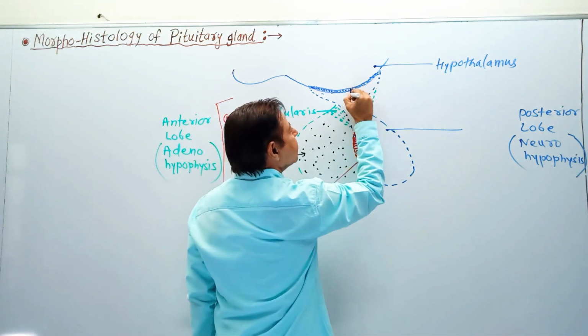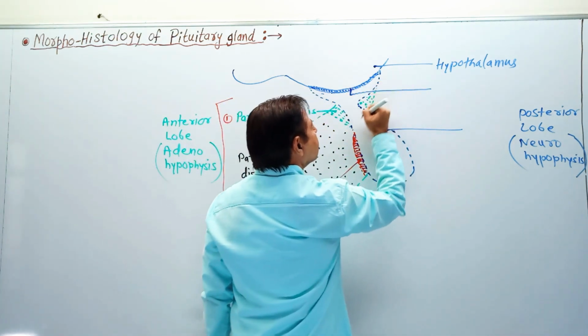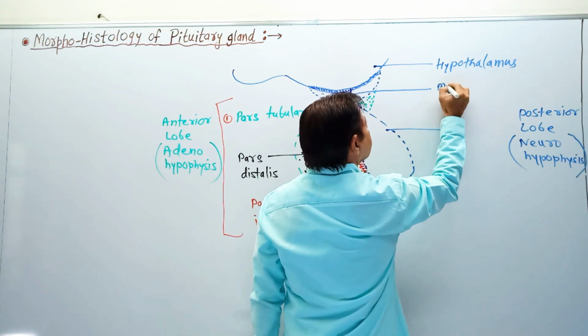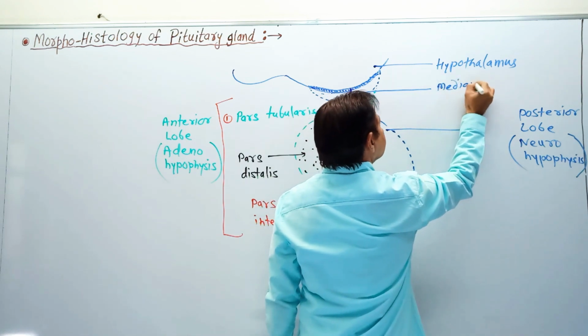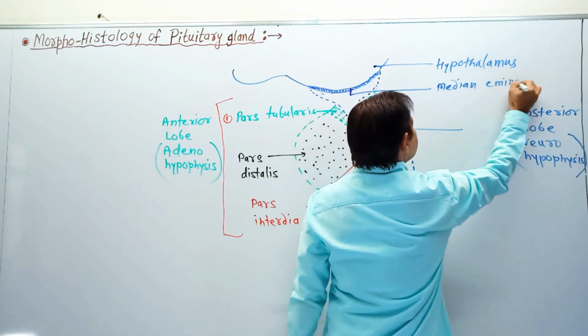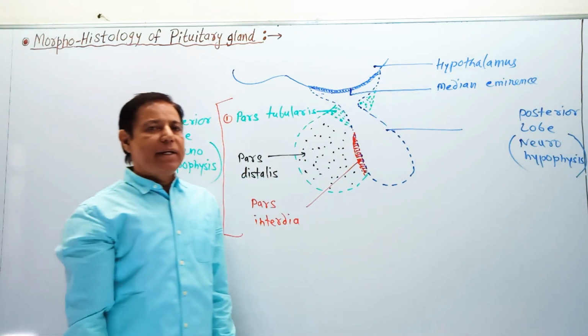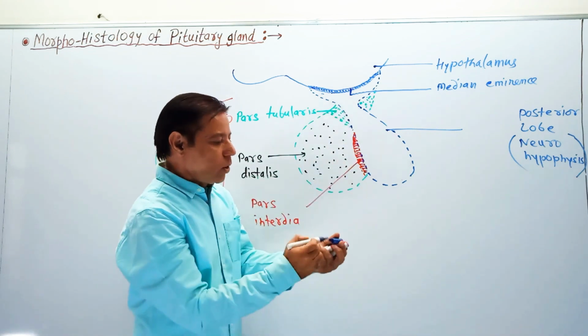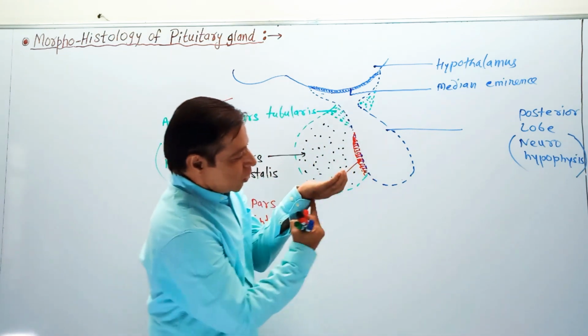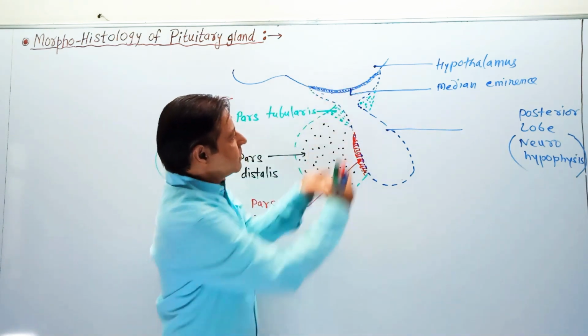It is called median eminence. It is the prominent lower part at the lower side of the hypothalamus.